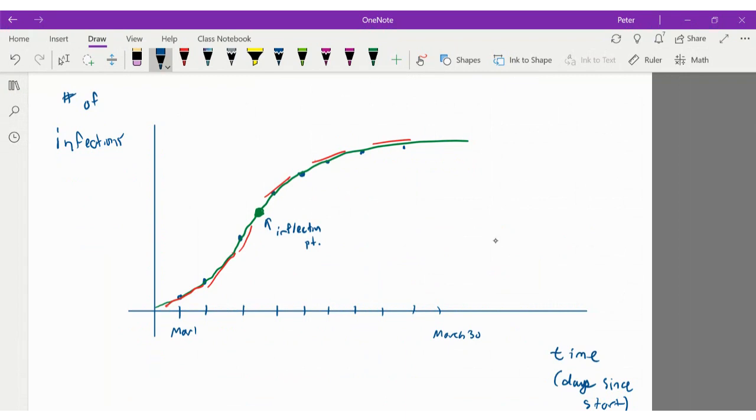where here we clearly have a curve that's concave up, and we're trying to turn it into one that's concave down. Obviously, we'd like to see that happen, but before that can happen, the first thing that we have to do is, where these red lines represent the rate at which infections are increasing every day, we're trying to at least turn it to a point where the number of infections per day, even if it is increasing, is getting smaller and smaller, as indicated by these shallower red lines.